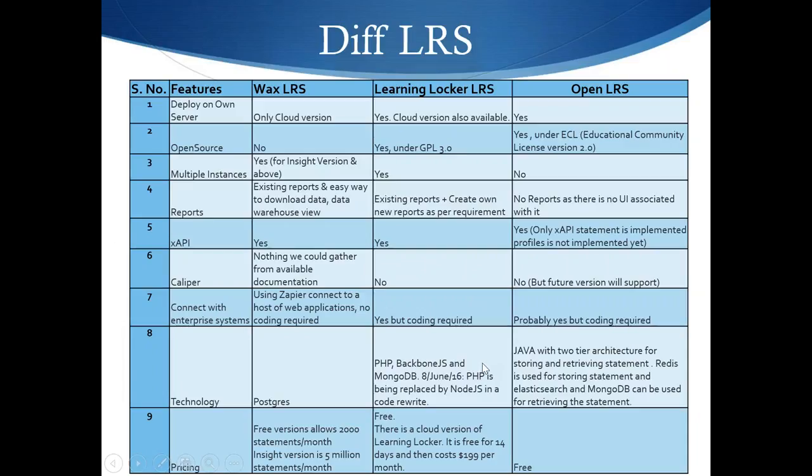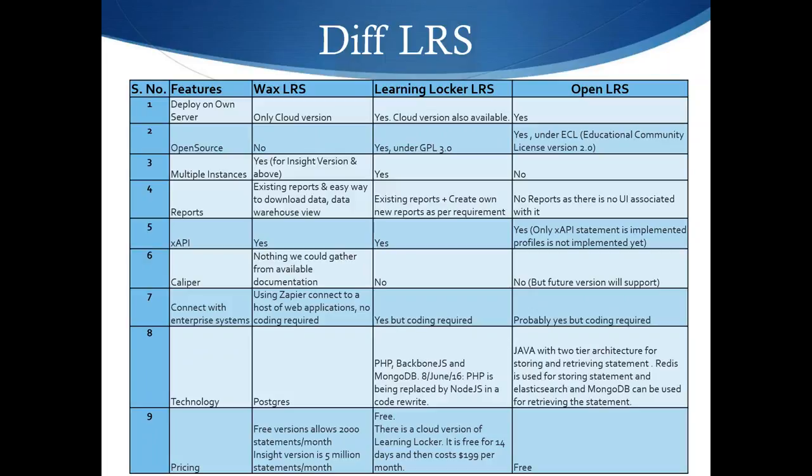With that, I come to my slide where we talk about different LRSs, and this is purely based on the experience of my team. As a lot of people might know, there are a number of LRSs out there. We experimented with these three, and I thought I would share that knowledge with everyone. We took VAX LRS, Learning Locker LRS, and Open LRS.